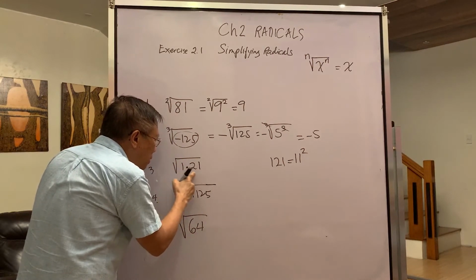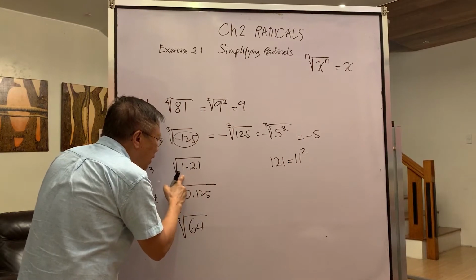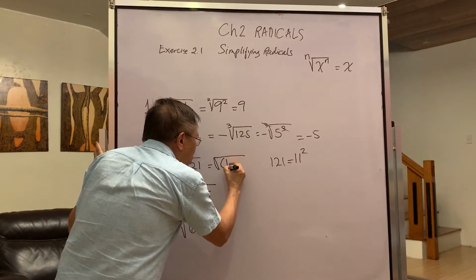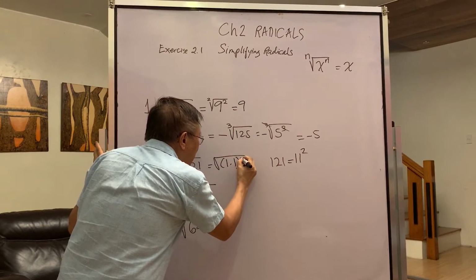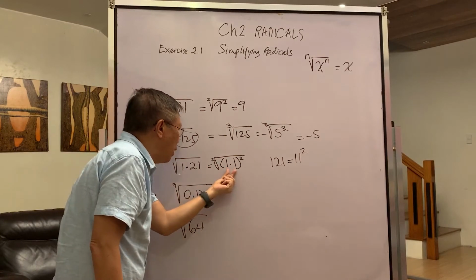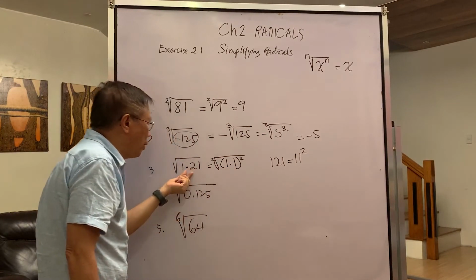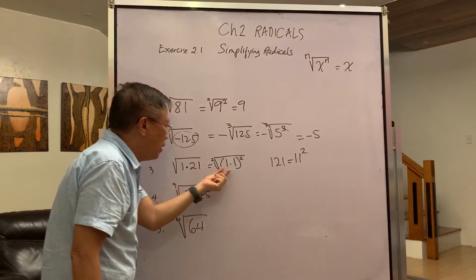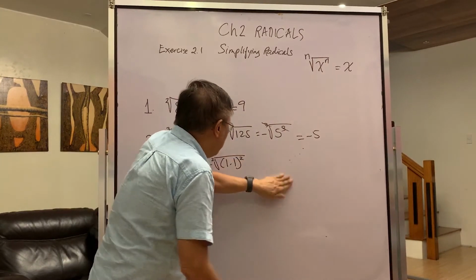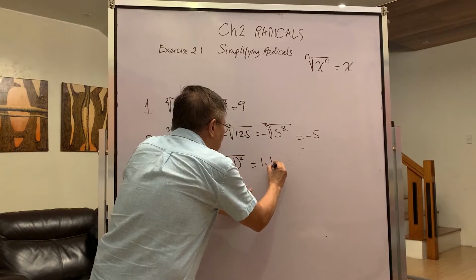Which means this may be a perfect square. In fact, I can write 1.21 as what? 1.1 raised to the 2. 1.1 times 1.1 will give me 1.21. And this is a perfect square. I will cancel the 2. I will get now what? 1.1.